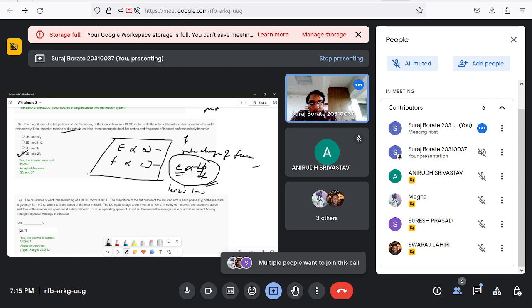Now what we want is IA. Do we know any relation between VA and IA? Yes, sir, the back EMF formula. Can you tell what was the back EMF formula? VA is equal to E minus IA times RA. So you are saying this.